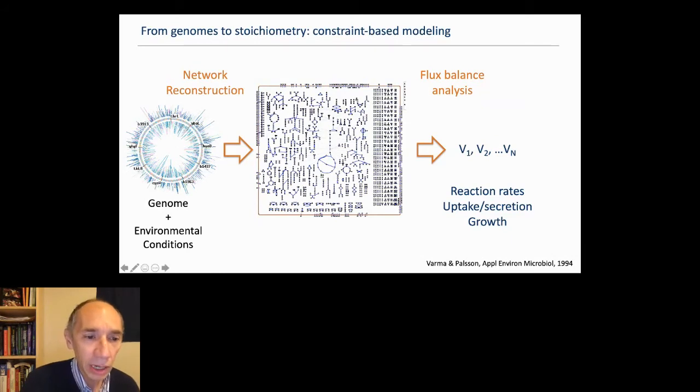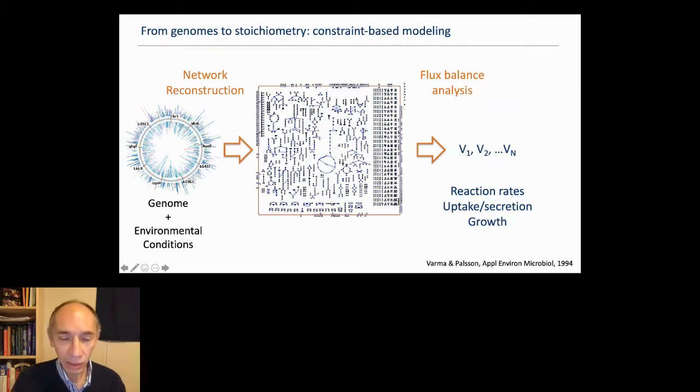In particular, one can start from a genome and environmental conditions to construct a model, build a network of all known reactions in a given organism, and use tools such as flux balance analysis to predict, for steady state approximation and with, for example, assumption of optimality for a certain objective function, all the fluxes of all the metabolic reactions in the cell, including uptake and secretion rates, and the growth rate of a cell.